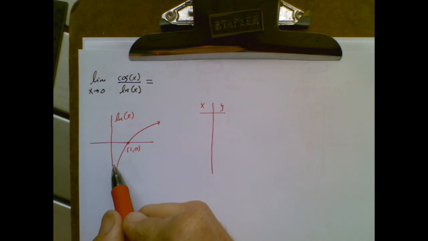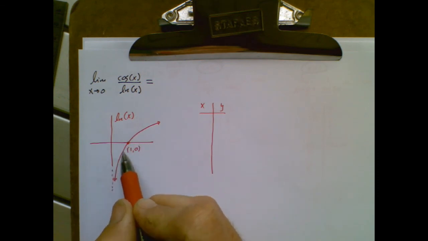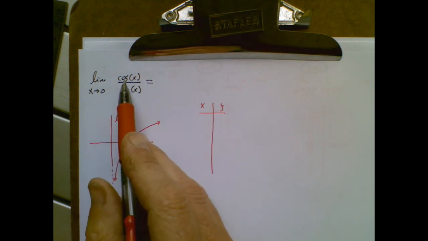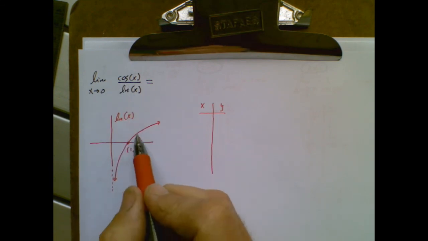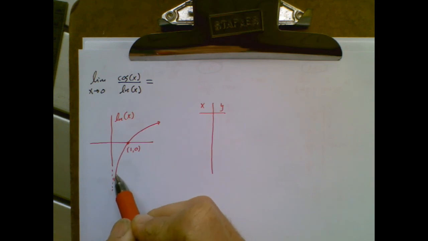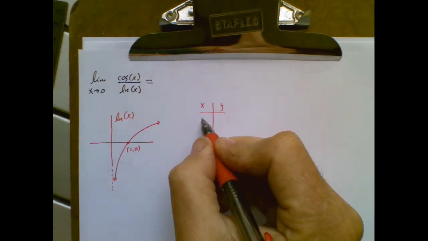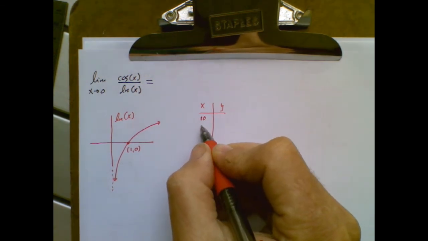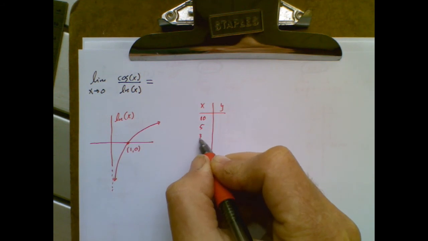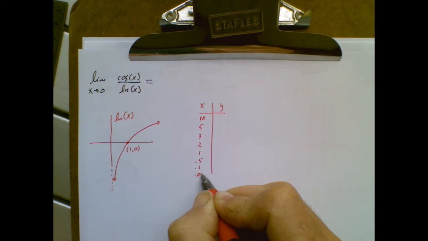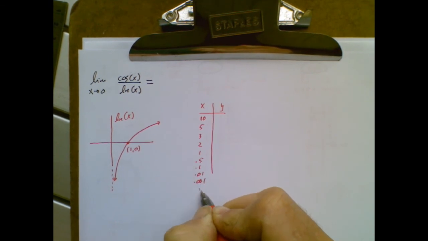Lucky for us, natural log of x only exists to the right side of 0. Even though cosine exists on both sides, natural log only exists on this side, so I really only have to think of the right side, or the right hand limit. So I'm going to think in my head, all right, I'm going to go like 10, 5, 3, 2, 1. You get the point.